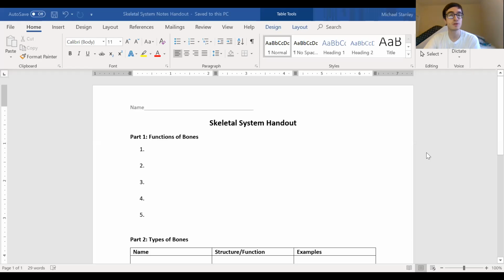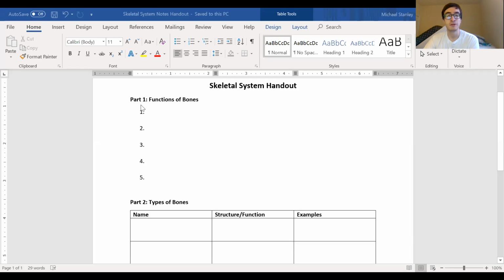So for the assignment for the skeletal system, the homework that you guys are going to have, it should be pretty simple. It goes pretty closely along with the notes that we were just looking at. So let's take a quick look at what the homework looks like. So here's the worksheet that you guys are going to be doing.